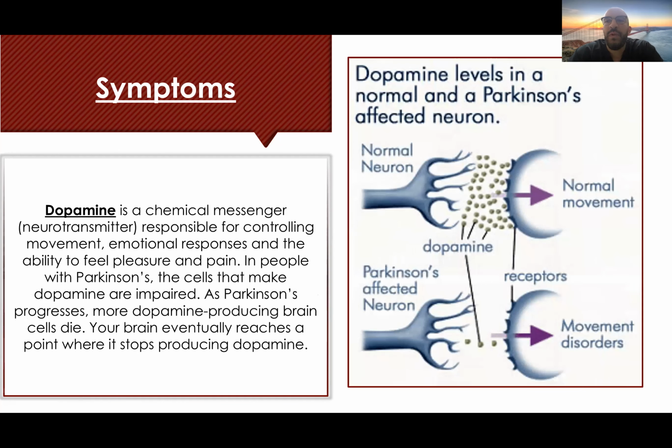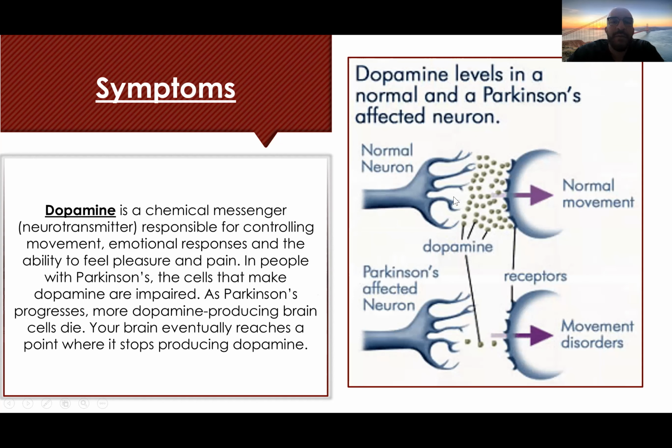Now, moving right along, additional symptoms. So we talked about dopamine. Dopamine is largely the most responsible culprit here in the cause of Parkinson's disease. And again, we're talking about dopamine here. So I included this picture here so you can see what a normal neuron looks like.